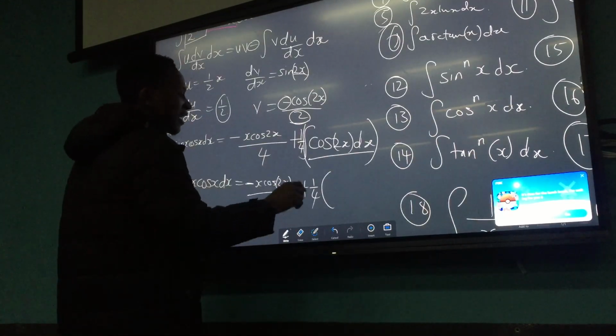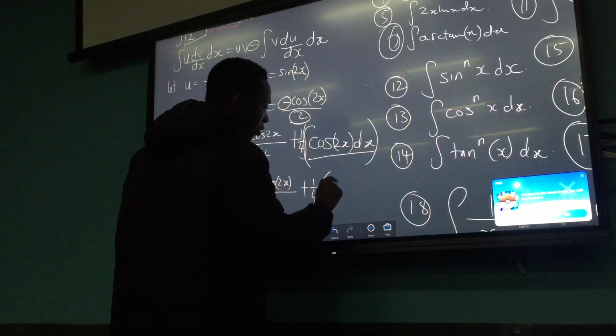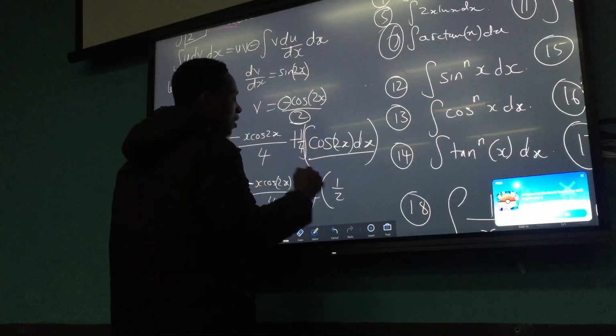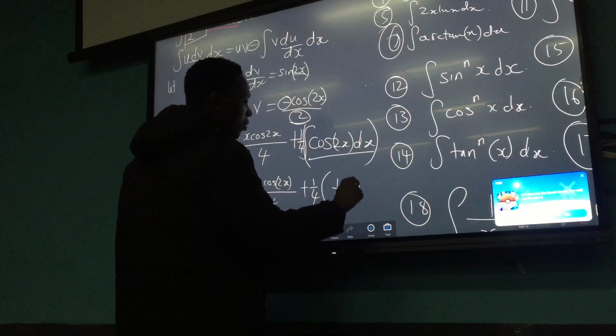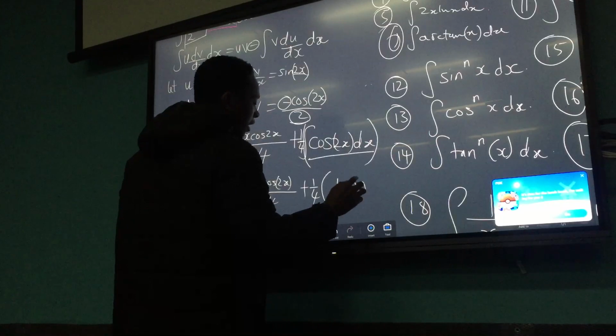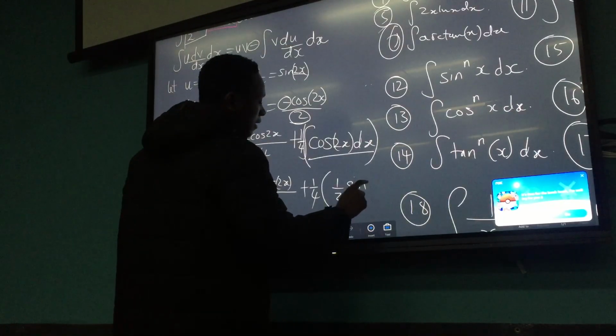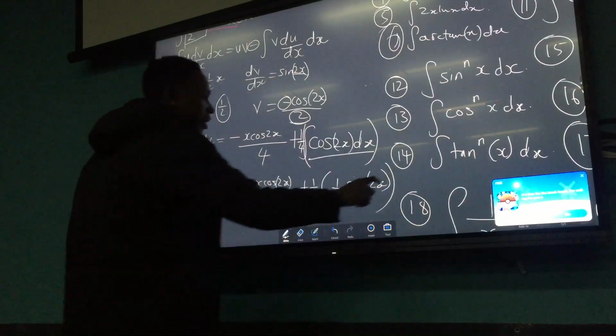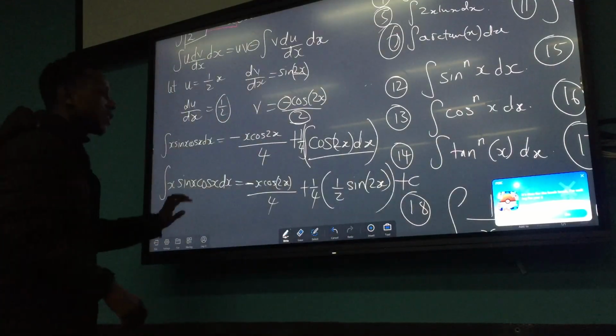For cos 2x I get 1 over 2, because I have derived the inside, I divide by that 2, and then I get sine 2x upon integrating the outside. So I have sine 2x, I put back whatever was inside. Then plus our constant of integration c.